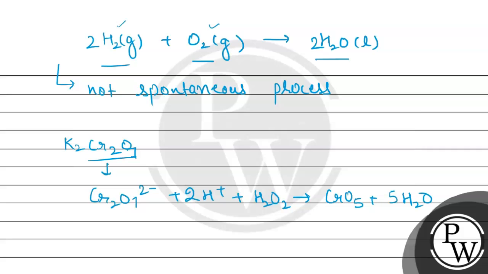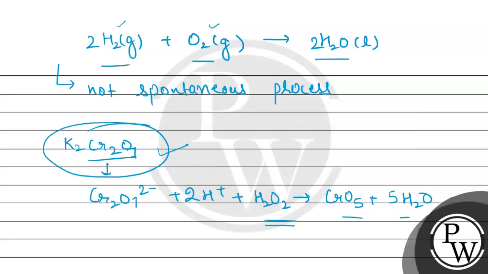So ये जो हमारे पास reaction है in this reaction acidified जो K2Cr2O7 है, this it reacts with the H2O2 and it leads to the formation of this.